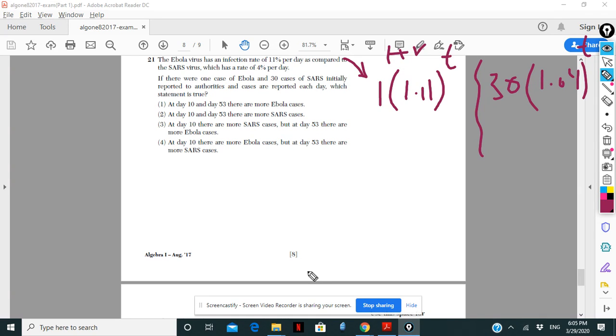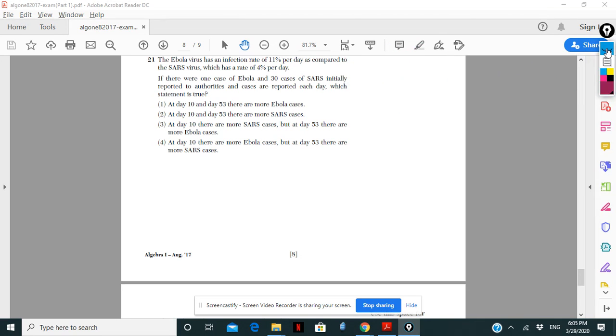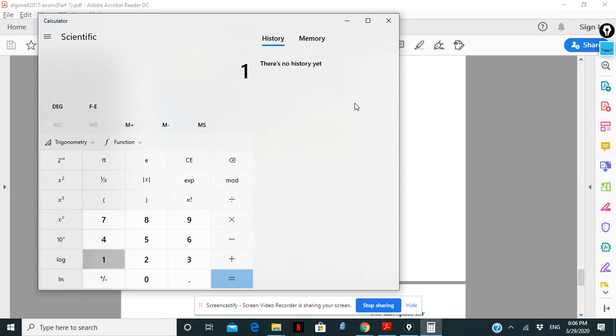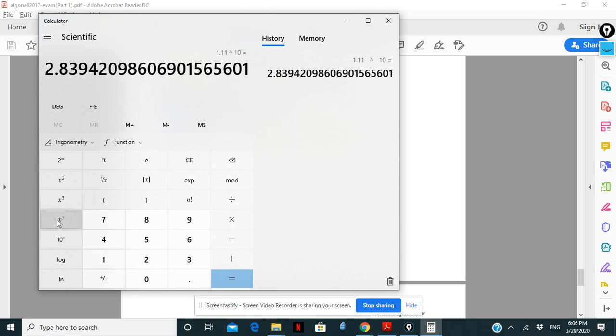So I'm going to do it here. Bismillah ar-Rahman ar-Rahim, 1.11 to the power 10. Here, calculator, 1.11 to the power 10 is 2.83.